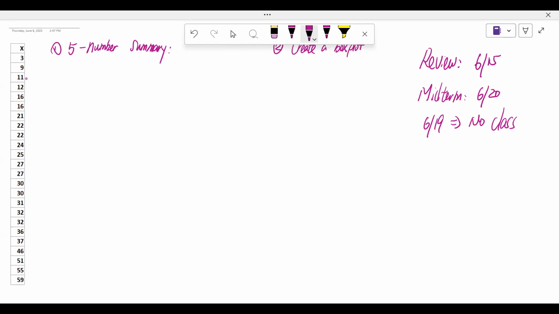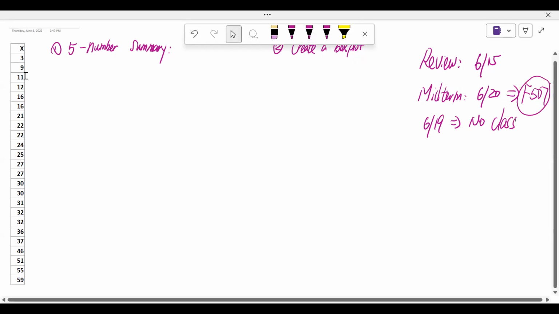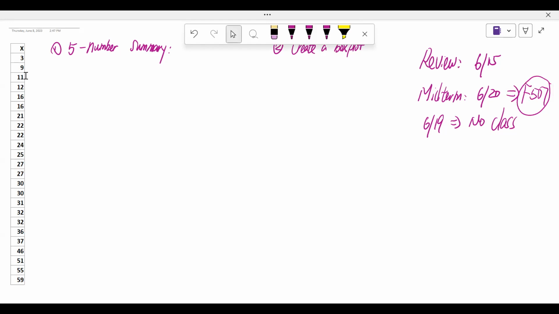The room for the midterm will be F 507. It's a computer lab. If you don't want to bring your own laptop, that's okay. There are desktops in the room, and you can just come in and use them to finish the midterm.